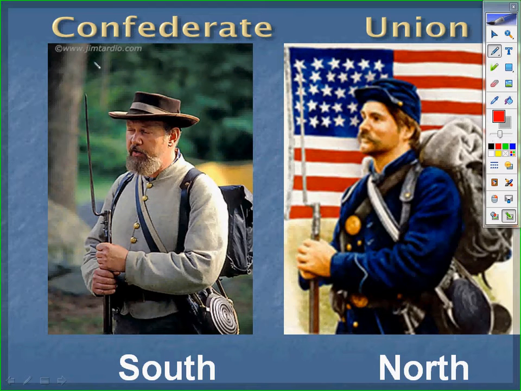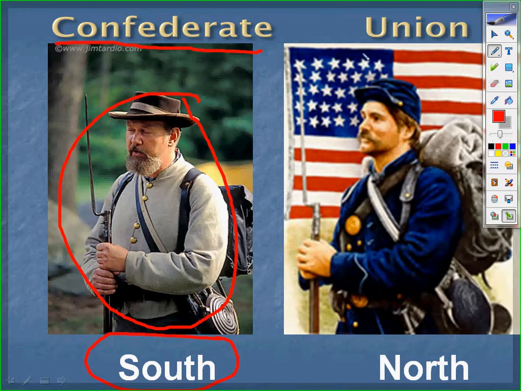So Confederate soldiers, again, wore gray, and they fought for the South. Union soldiers, which were from the North, wore blue uniforms for us. So this pitted the Northern Society and the Southern Society against one another.